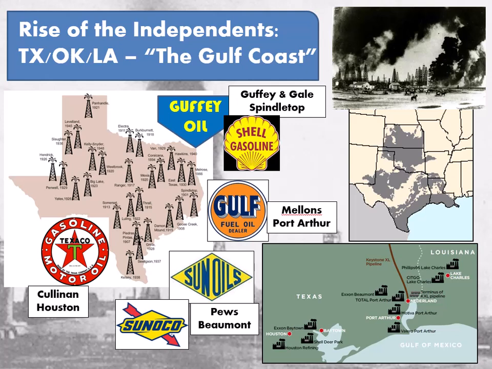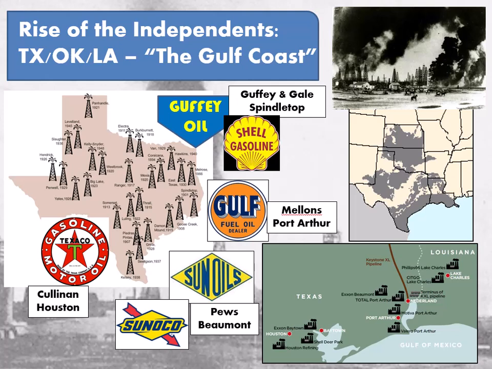This is going to create an opportunity for a number of independent companies to enter into the market and become very substantial players, and for Standard Oil to be comparatively a minor player in this region. So whereas in California you sort of have Standard Oil and everybody else has to cartel together to be big enough to stand up against Standard Oil, the Gulf Coast creates an entirely different business environment.